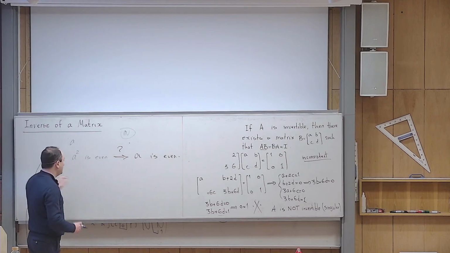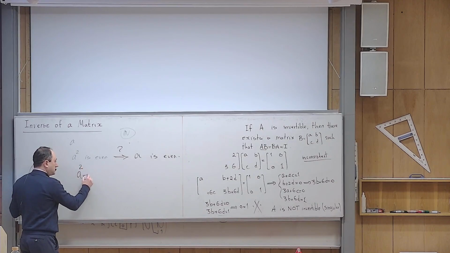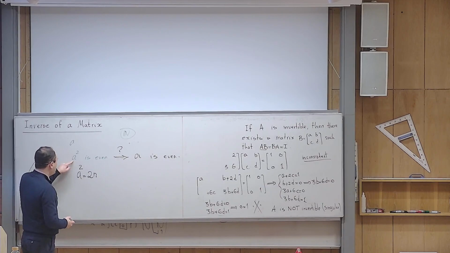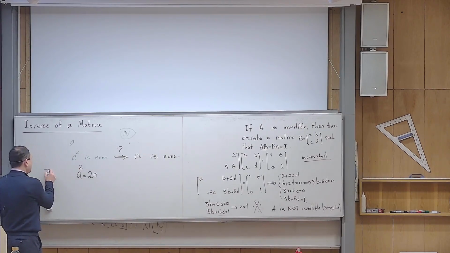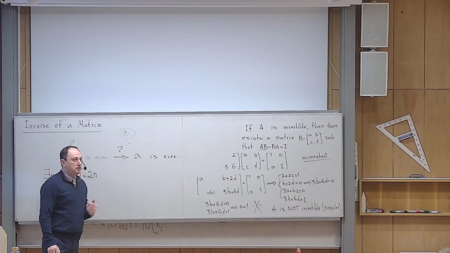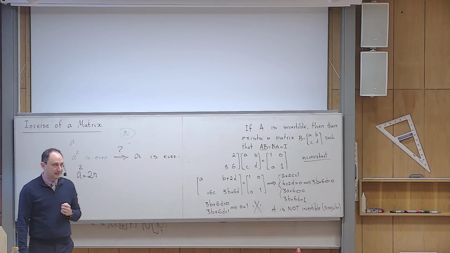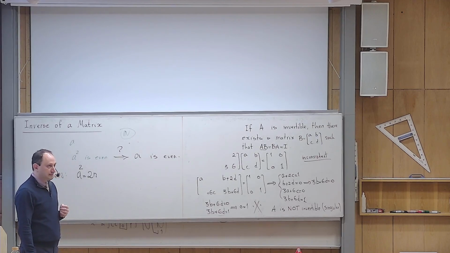When I say a squared is even, what do I know? I know that a squared is 2 times an integer. Okay? So when you say a squared is even, it means there exists an n in the set of natural numbers such that this happens. Yes? But now you want to prove that a is even. What do you do? You take the definition of an odd number, and then you square it.